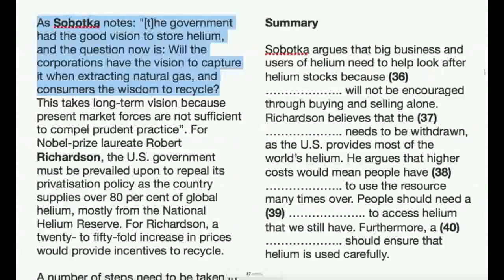As Sobotka notes, the government had the good vision to store helium, and the question now is, will the corporations have the vision to capture it when extracting natural gas, and consumers the wisdom to recycle? Now this one talks about big businesses, here it's talking about corporations, so it does look like we're in the right place. So let's try and answer the question.